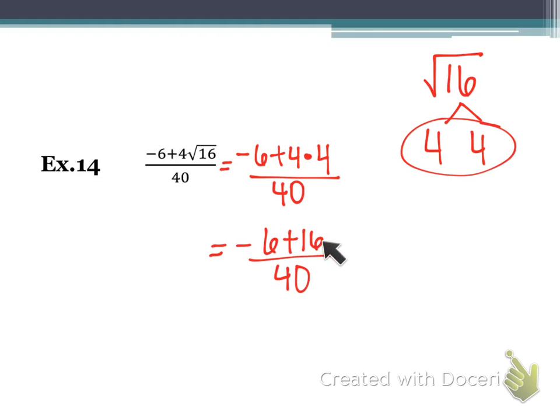The only reason we never did that before was because the radical was sticking to it, not allowing it to be combined. But the radical's gone, so negative 6 plus 16 is 10 over 40. And then we just simplify that like a fraction from middle school. We get 1/4.